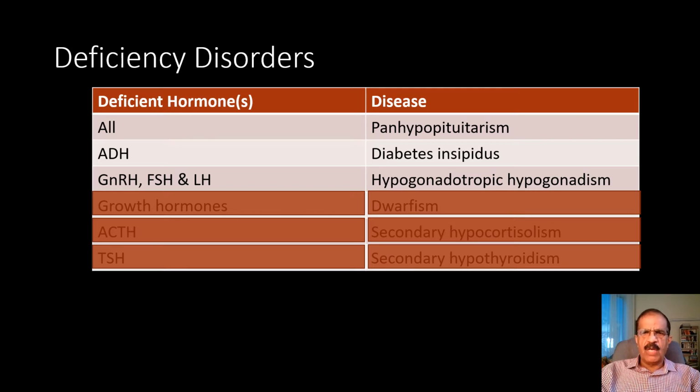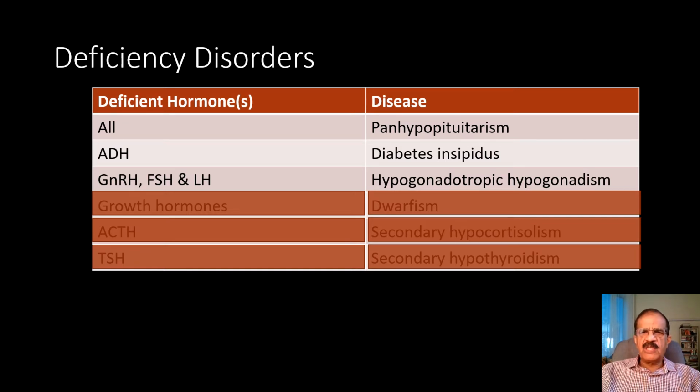Hypogonadotropic hypogonadism means that the patient has hypogonadism. The patient would actually have features of hypogonadism, but the primary problem is in the pituitary gland, the deficiency of gonadotropin. So this is called hypogonadotropic hypogonadism, to differentiate from hypergonadotropic hypogonadism when the problem is in the gonads.